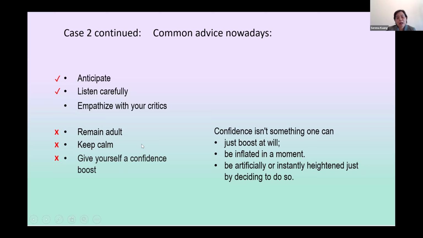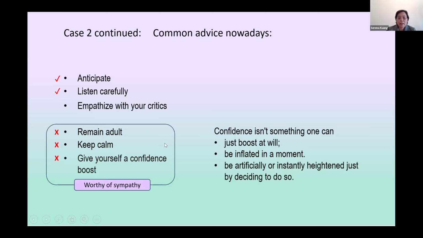And if adults remain this way, it's not that adults need to empathize with the critic. Rather, it is that adults are worthy of sympathy. So that's the logic.